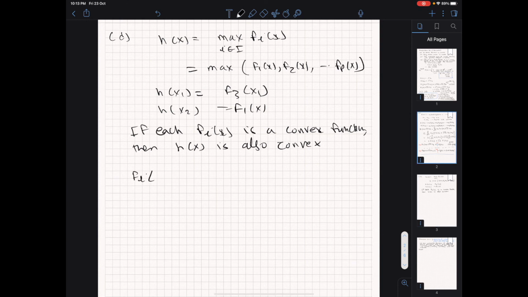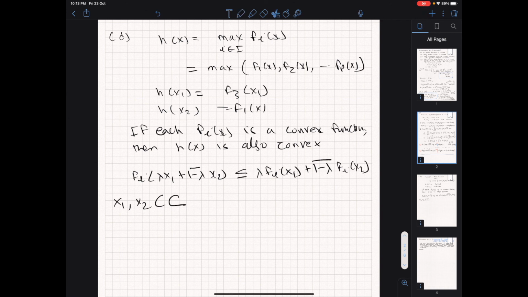So again take x1 and x2 arbitrary in Rn and in C. Okay, x1 and x2 come from C, the convex set, and then you know that fi being convex, this is less than or equal to lambda times fi of x1 plus 1 minus lambda times fi of x2.